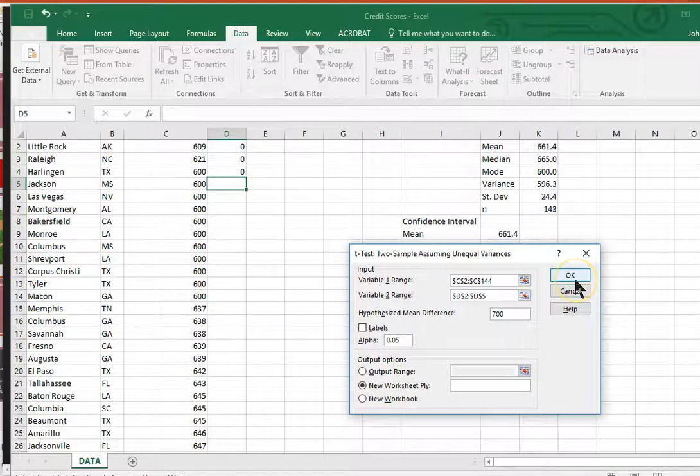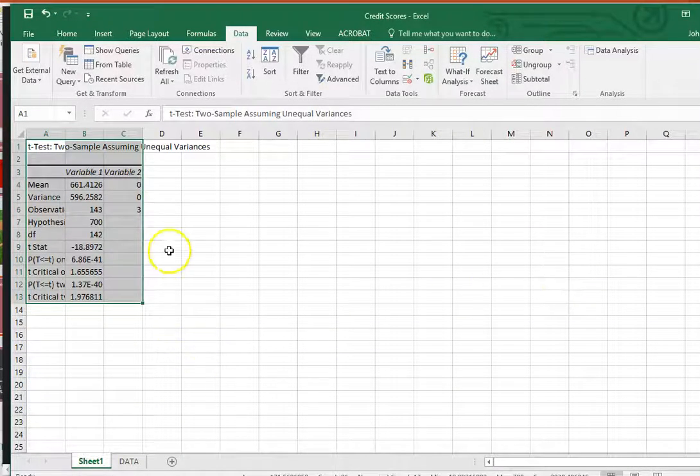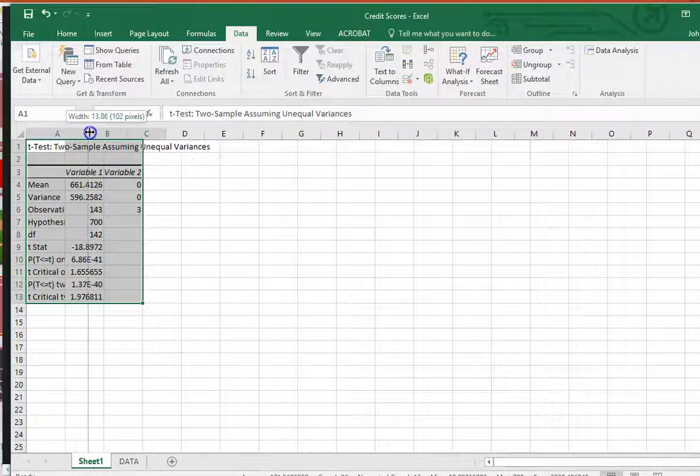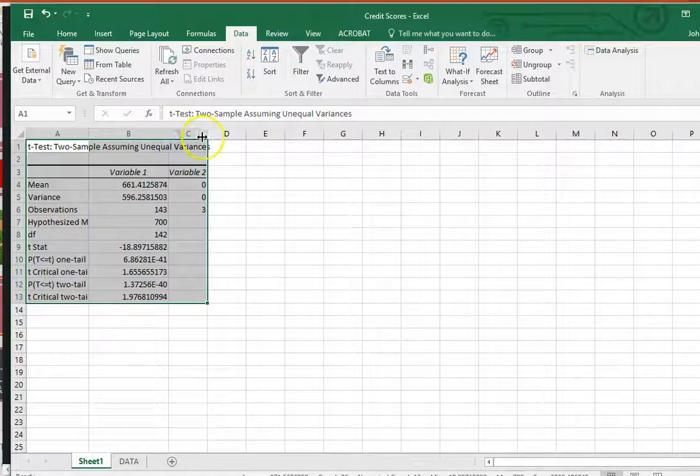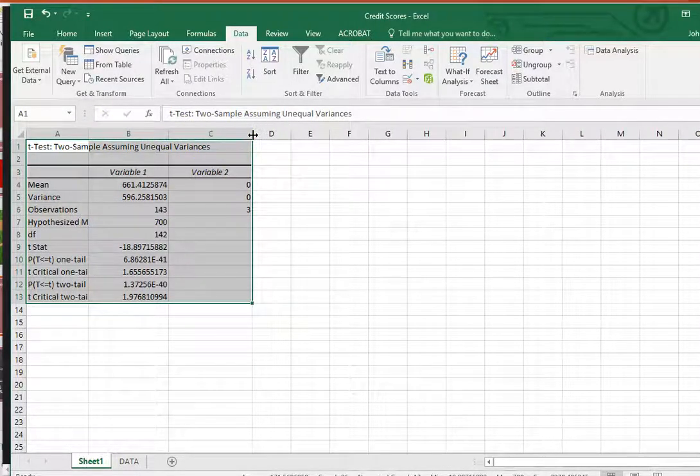So we hit OK, and this is what pops up. Oh boy, we went too high. I got a minus 18 t-stat. So you won't get anything like that. That's going to freak you guys out. You shouldn't have a t-stat number that big.